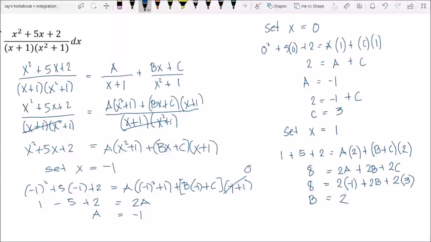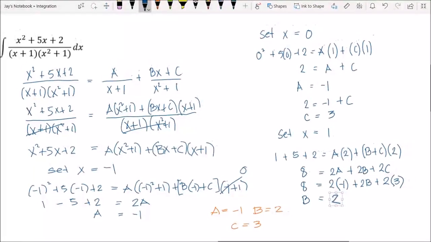So we now have all values. We have a is equal to negative 1, b is equal to 2, and c is equal to 3. Okay, so let's substitute this value in our partial fraction.